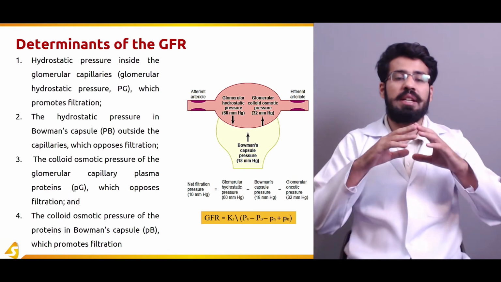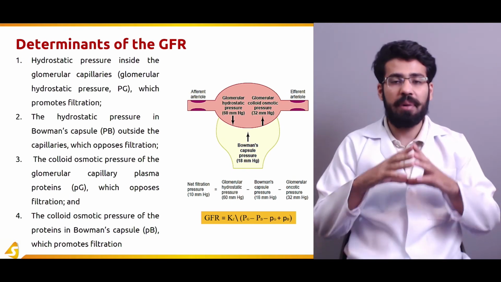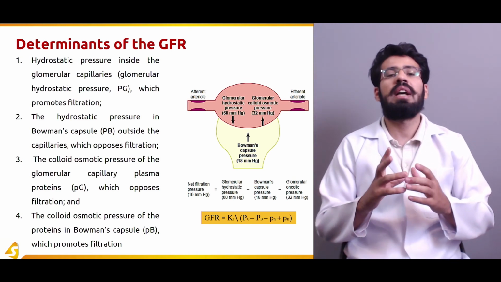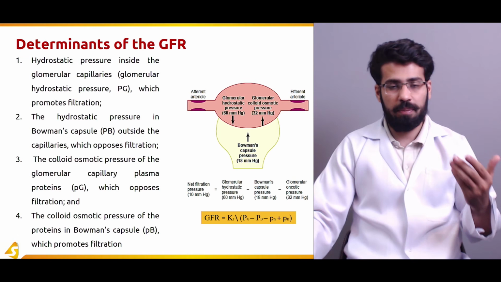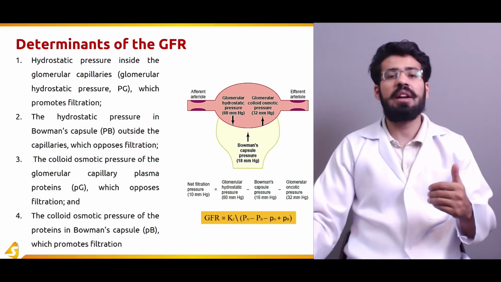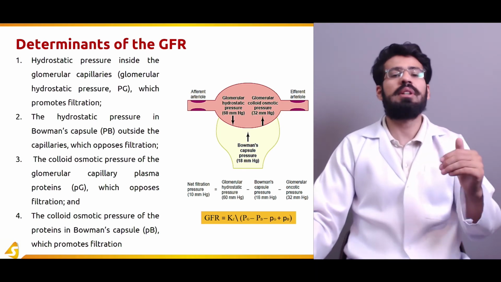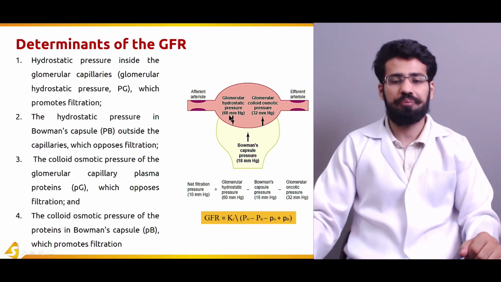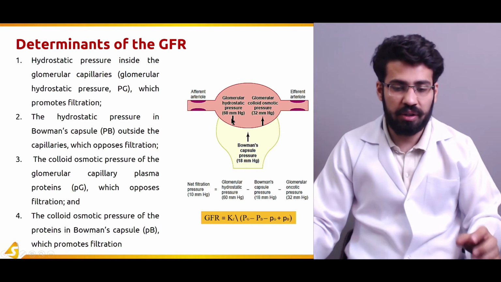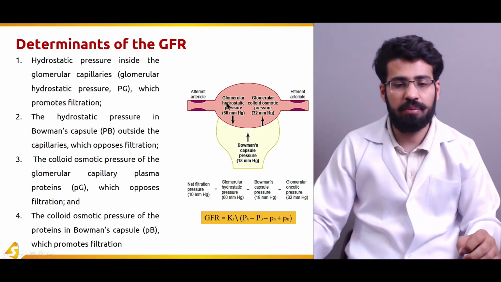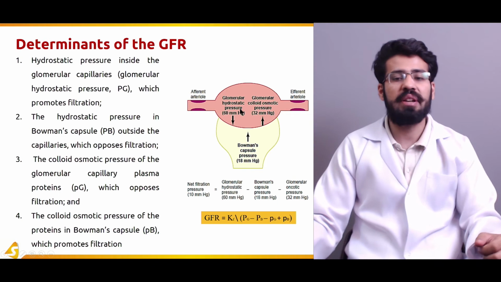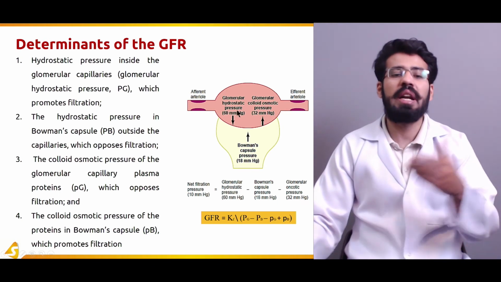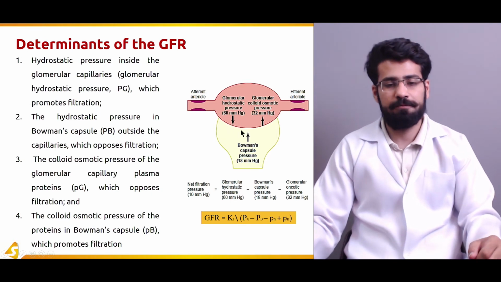It's the pressure exerted by the blood in the glomerular capillaries towards the Bowman's capsule, so that with this pressure, the filtrate can enter through the podocytes into the Bowman's capsule, and this pressure is usually 60 millimeters of mercury. This glomerular hydrostatic pressure will of course promote the filtration. The greater the glomerular hydrostatic pressure, the greater will be the process of filtration.